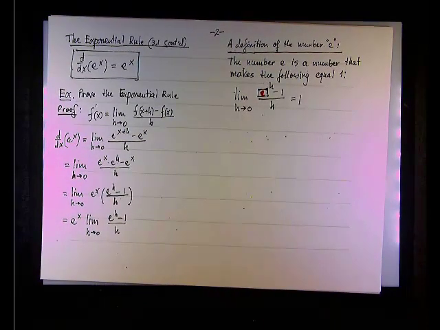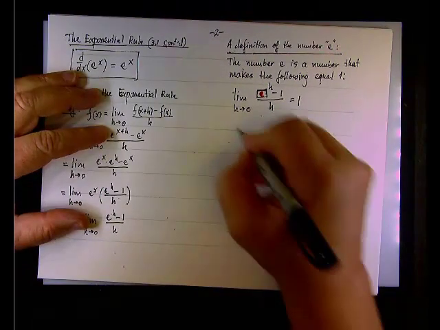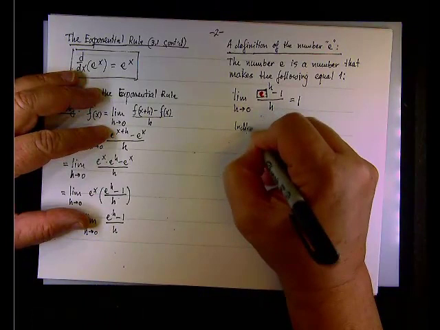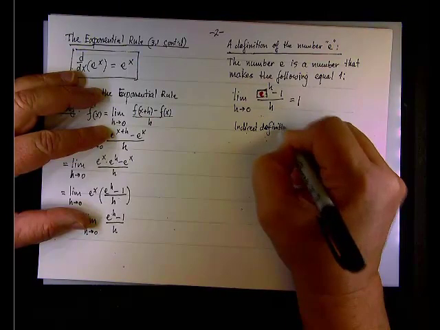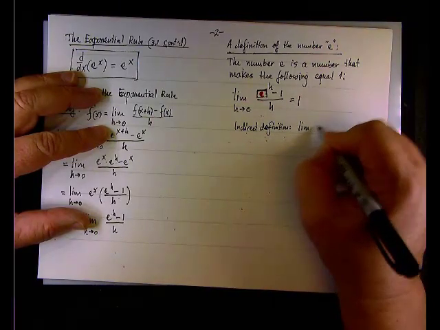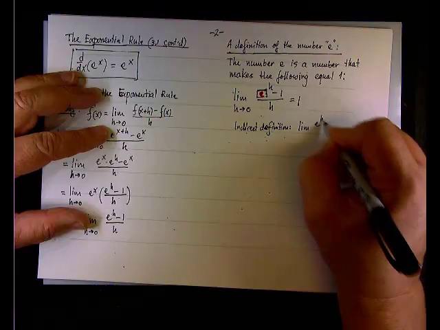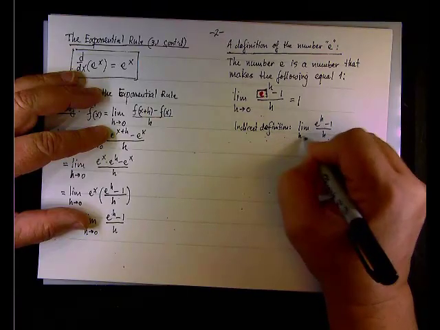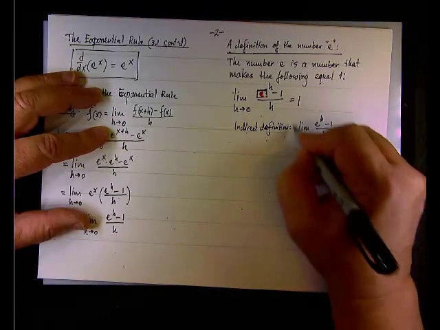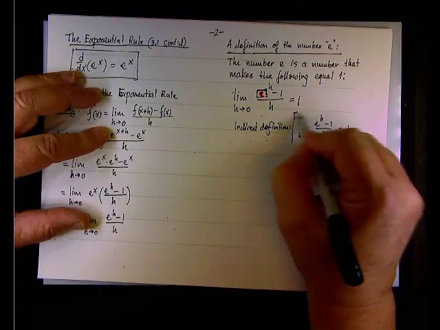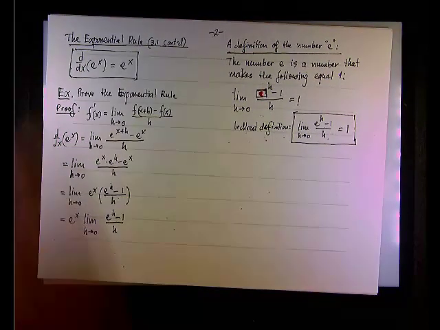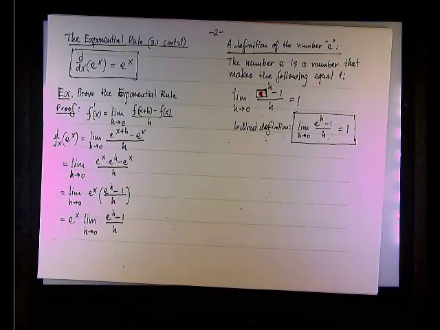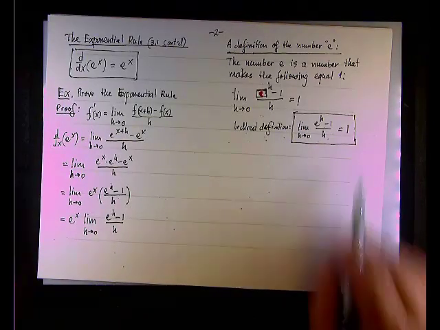So here's the indirect definition of the number e: the limit of e to the h minus 1 over h as h goes to 0 equals 1. Later on in the semester I'll show you another definition, a variation of that definition where it will be explicit. In other words, e is so and so. Okay? But this is the indirect definition.